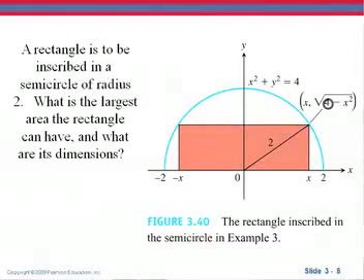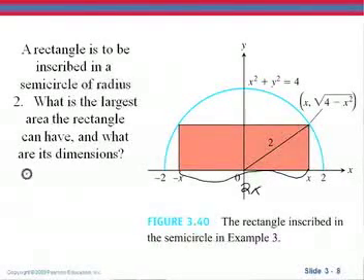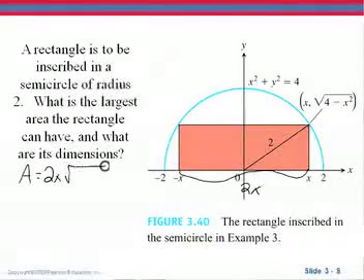Now remember, the area of a rectangle is base times height. As you notice here though, this length is x, and this length is also x. From 0 to negative x is also x. So notice that the length of the base here is actually 2x. So our area of our rectangle is going to be 2x times the square root of 4 minus x squared.